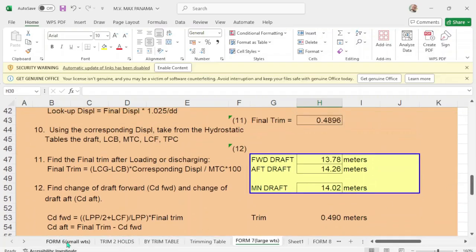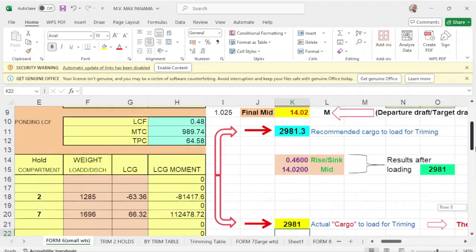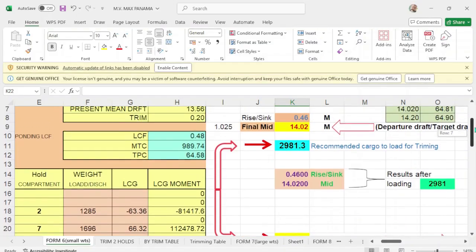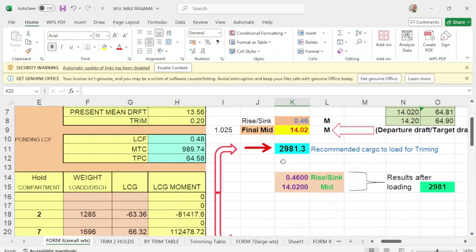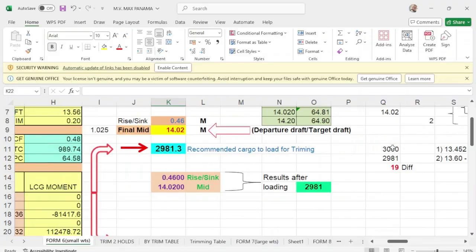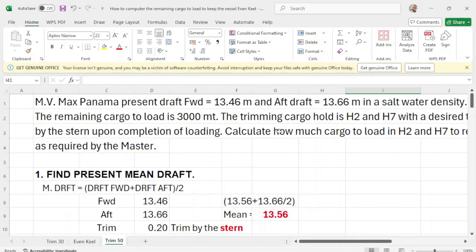Now let's go back to form number 6. Take note that the recommended cargo to load is 2981, which is short of 3000. So the difference is 19 tons. We are short of 19 tons. Now, the problem indicates that we should load 3000 metric tons.